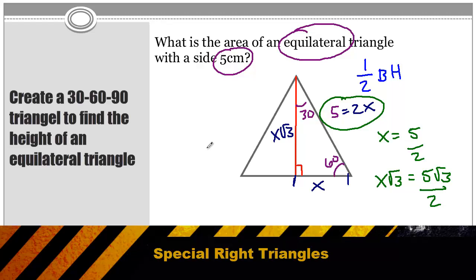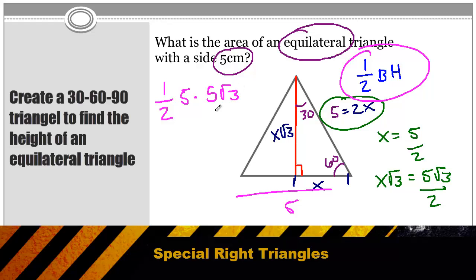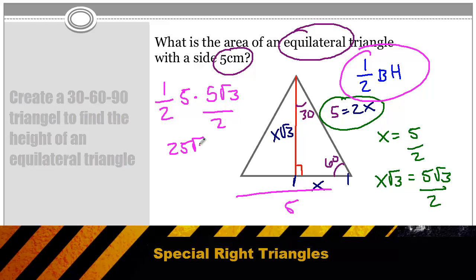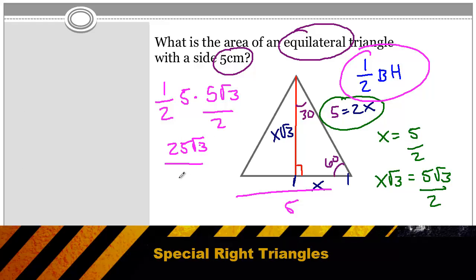Now when I go back to try and solve for the area of my triangle, I use my equation 1/2 times my base times my height, or 1/2 times my original base of 5 centimeters times the height I discovered of 5 root 3 divided by 2. Or in this case, my area will be 25 times the square root of 3 divided by 4.